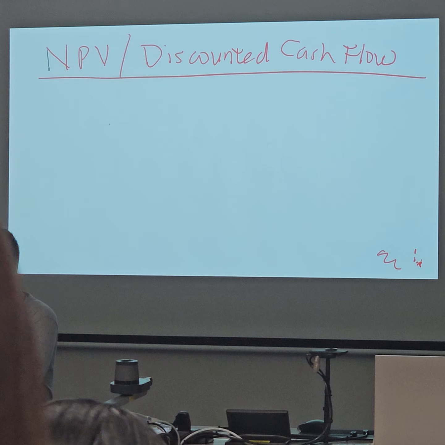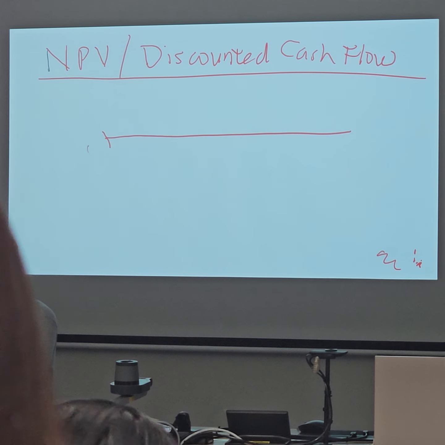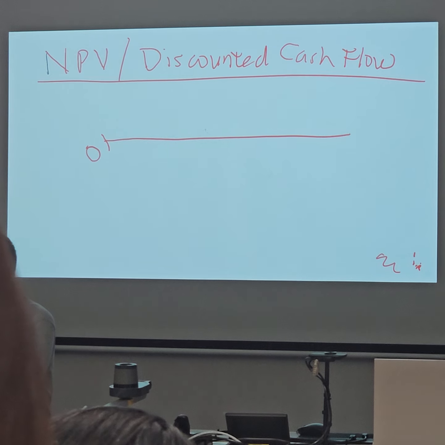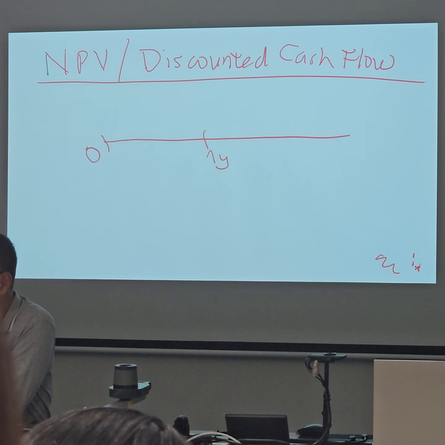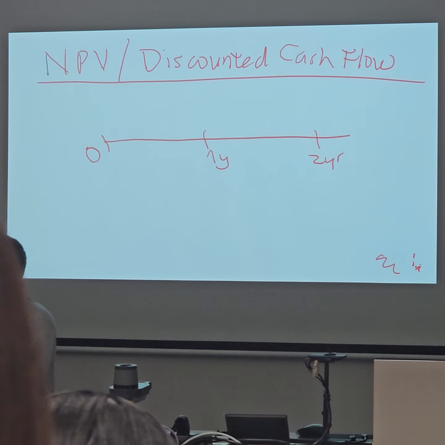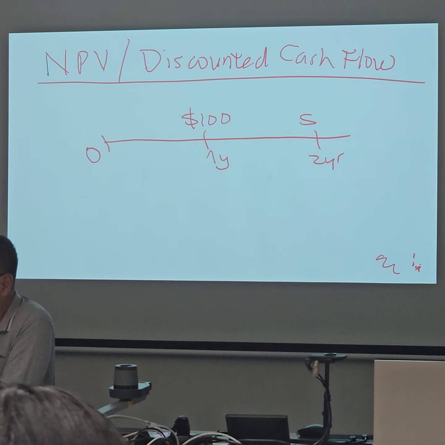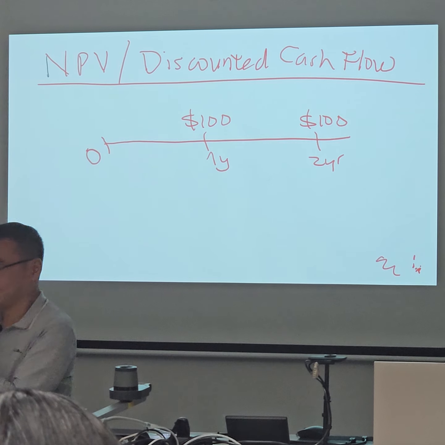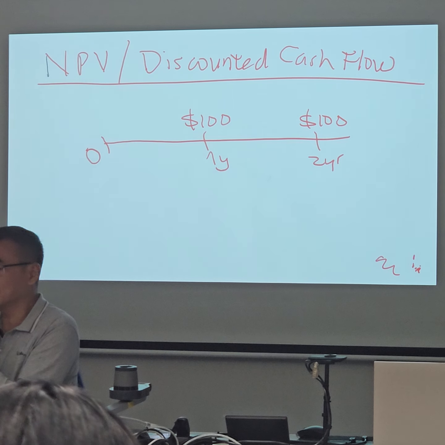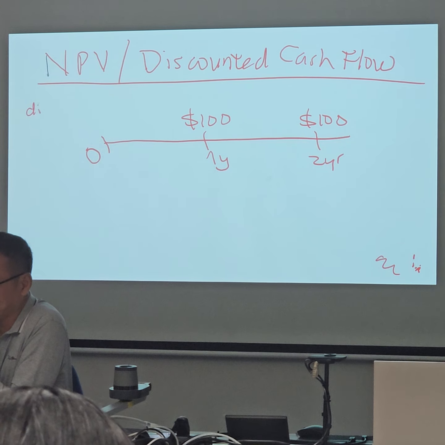So let's say, listen, I got year 0 starting now, 1 year later, okay, and then 2 years. So listen. If here I got $100, here I got $100, okay? So in discounted cash flow, there's always this thing called the discount rate.